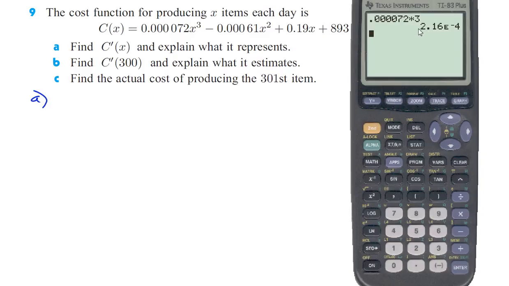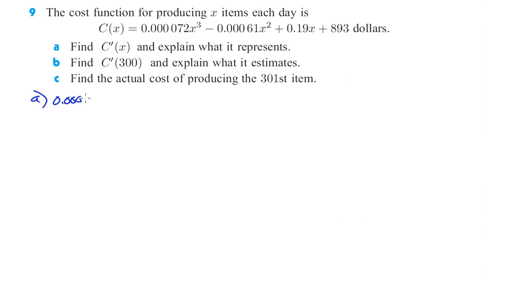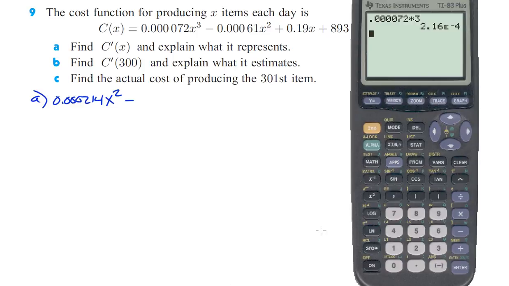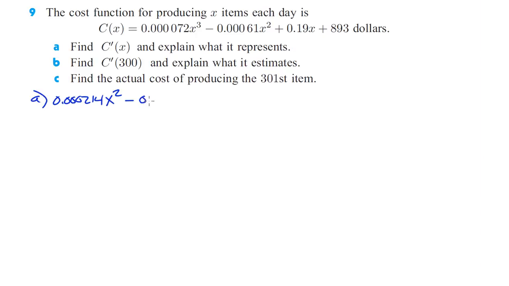So we're going to move that decimal over 1, 2, 3, 4. So it's 0.000216 x, and then again we have to subtract 1 from that, so it's x squared minus, and then that's 2 times 0.00061 gives us 0.00122.